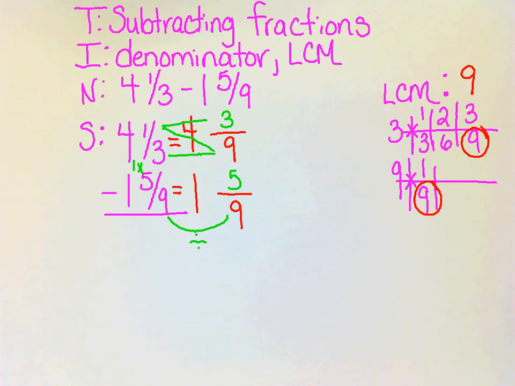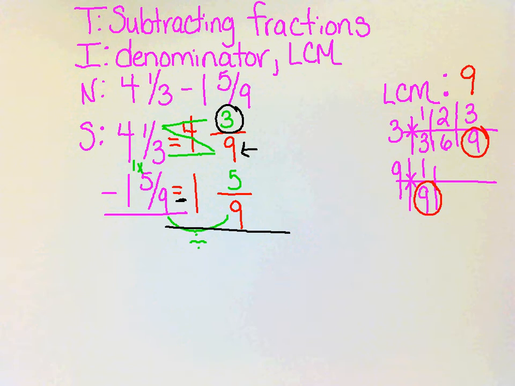Next step. We look at it and see if I can subtract. I cannot subtract because this 3 is less than 5, so I must regroup. I regroup by looking at your denominator.